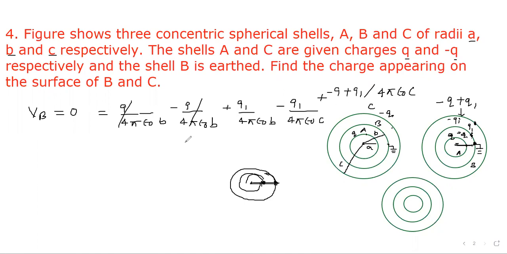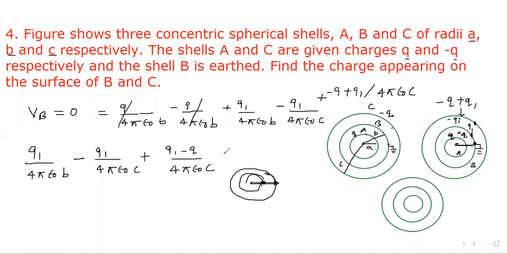And since VB is 0, we can rewrite it as Q1 upon 4πε₀b minus Q1 upon 4πε₀c plus (Q1 minus Q) divided by 4πε₀c equal to 0.